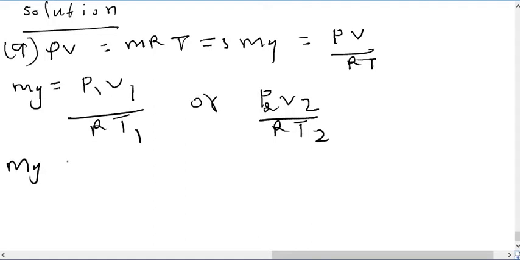So the mass of gas is equal to P1, that is 6 exponential 5, as given in the question, times the volume. The volume is equal to the area times the height.